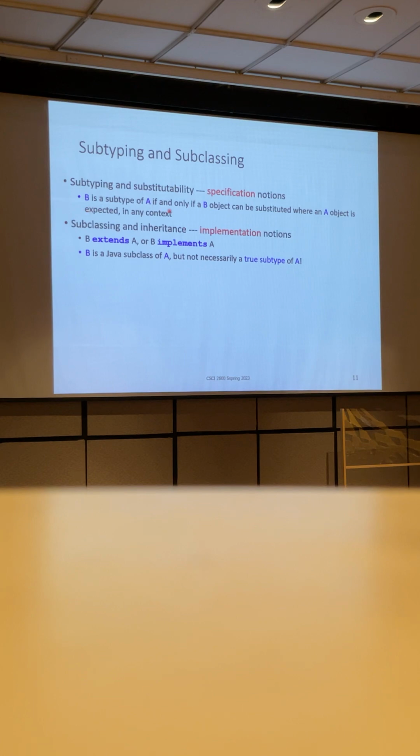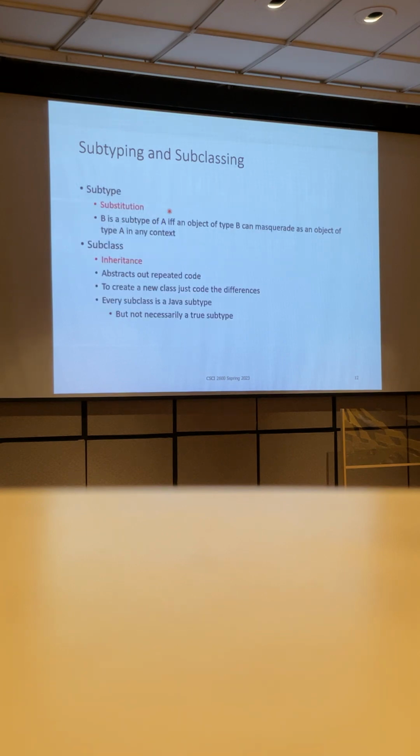So B and A can be arbitrary types. We're not talking about inheritance at all. It's only about the capabilities of these two types, B and A, the methods that they have. There is no notion of inheritance because it's a specification notion.